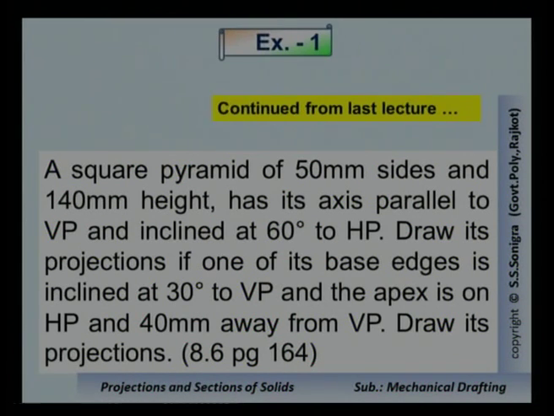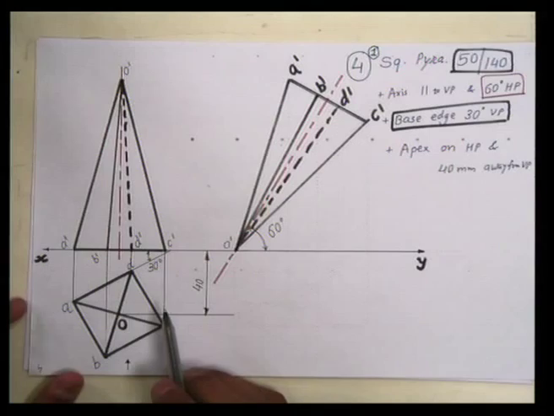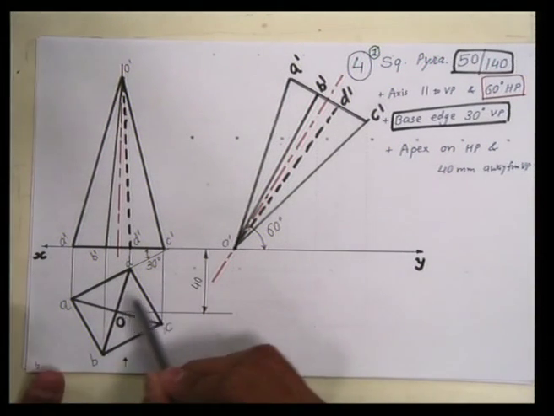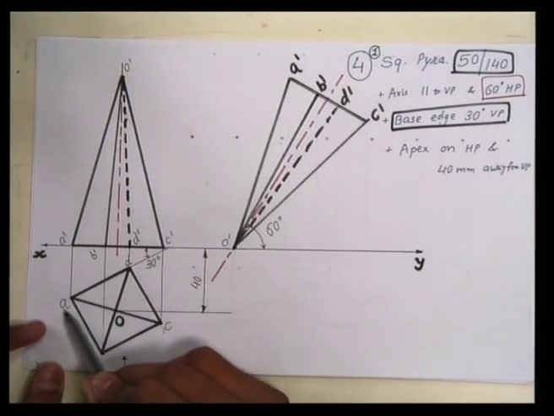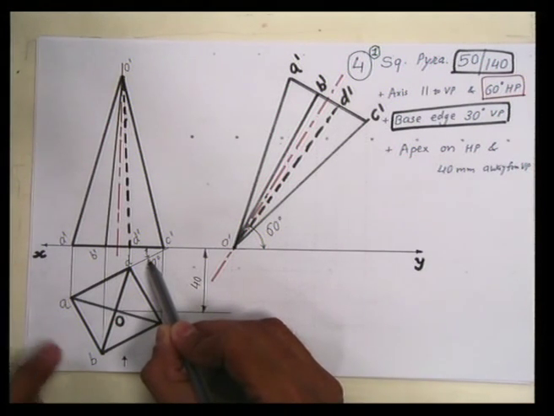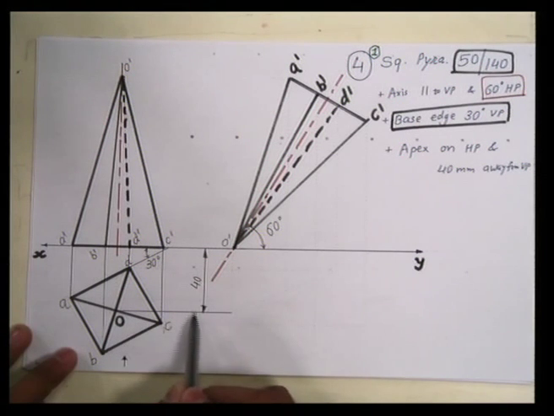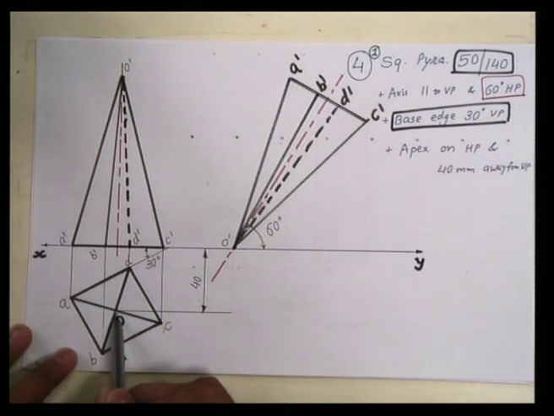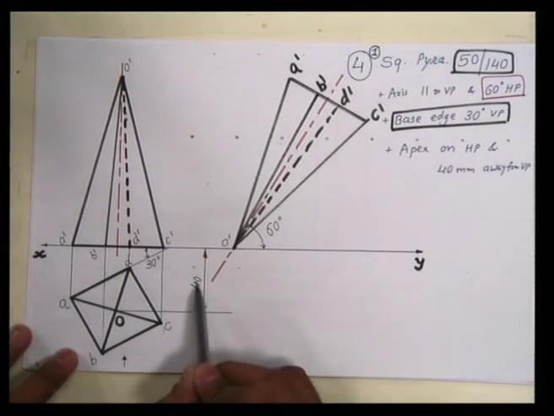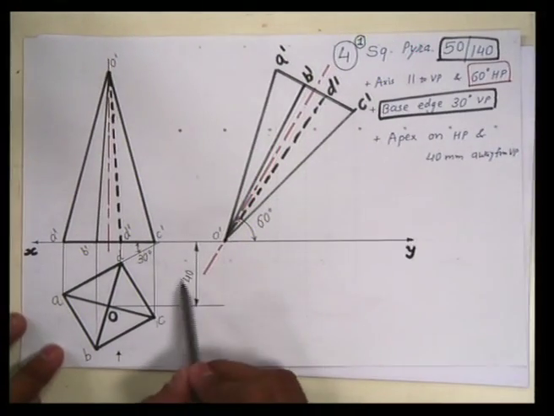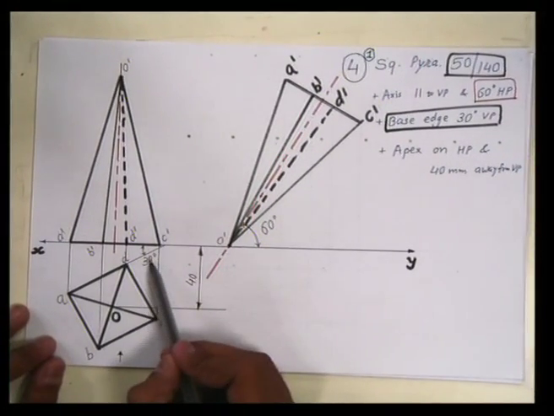We continue that solution. First we had drawn this top view, a square, in such a way that this side makes an angle of 30 degrees with the XY line, and another criterion is that the distance between the midpoint of this square and the XY line should be maintained as 40 mm, as shown over here. So this distance is 40 mm and this angle is 30 degrees.